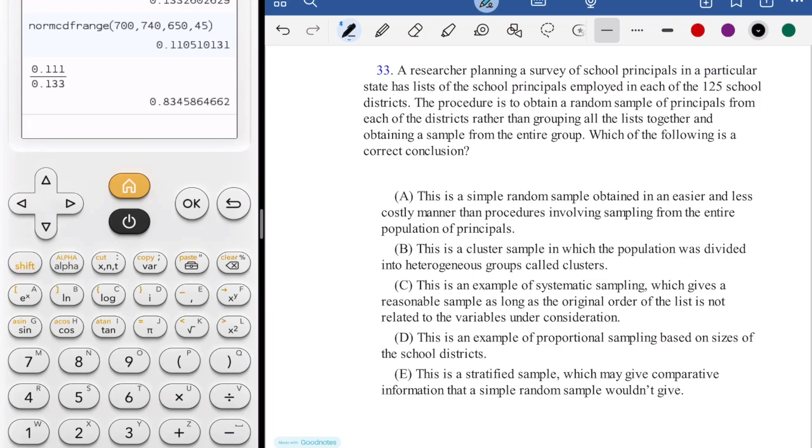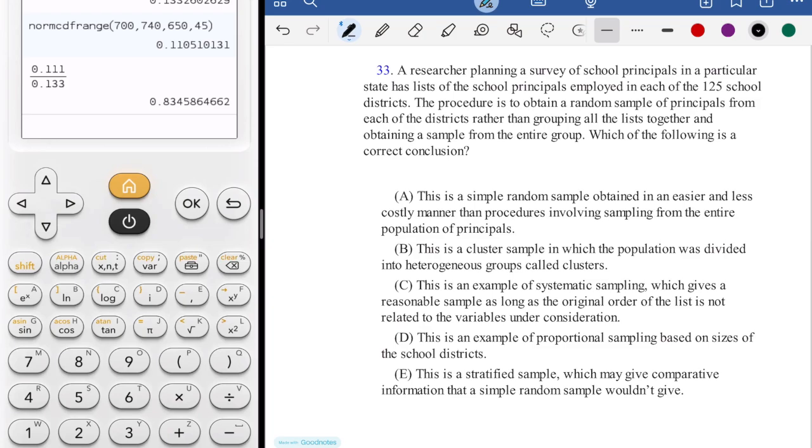Number 33, a researcher planning a survey of school principals in a particular state has lists of school principals employed in each of the 125 school districts. The procedure is to obtain a simple random sample of principals from each of the school districts, rather than grouping all the lists together and obtaining a sample from the entire group, which I would think would be a simple random sample.